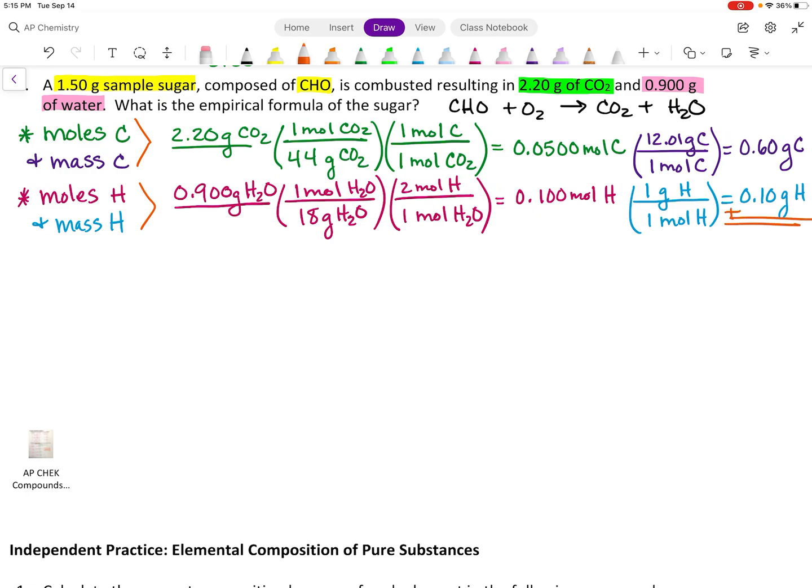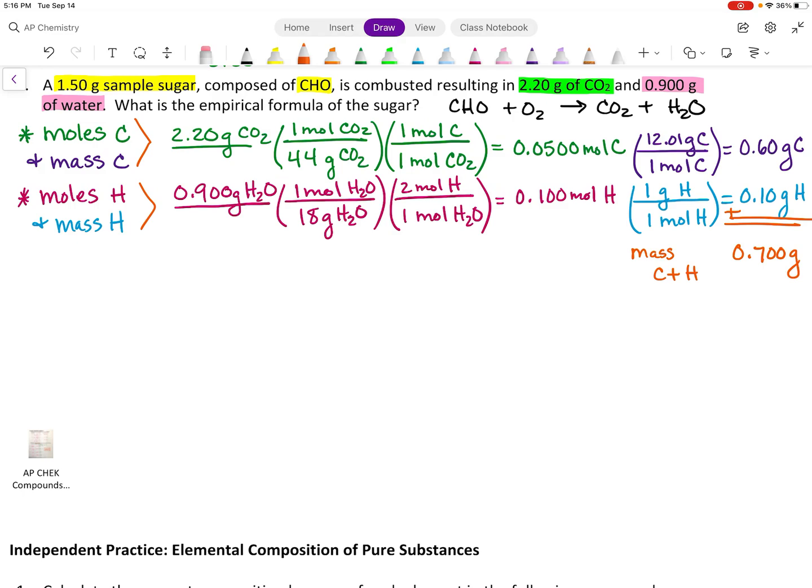I'm going to add these two values up for mass. And so that's going to give me the mass of carbon plus hydrogen, and I get 0.700 grams. Okay. I'm not too worried about sig figs in these problems. We're just keeping those numbers with us.